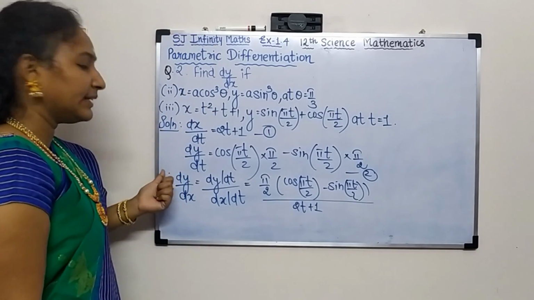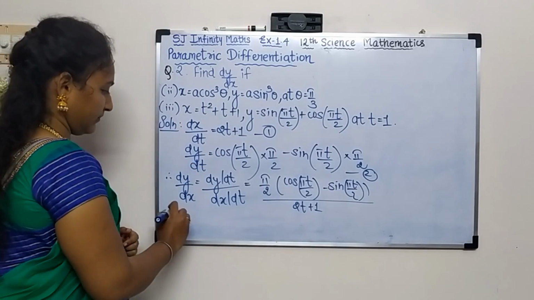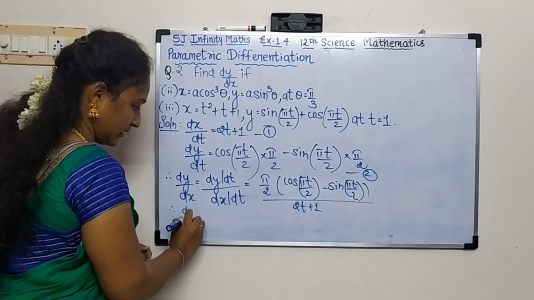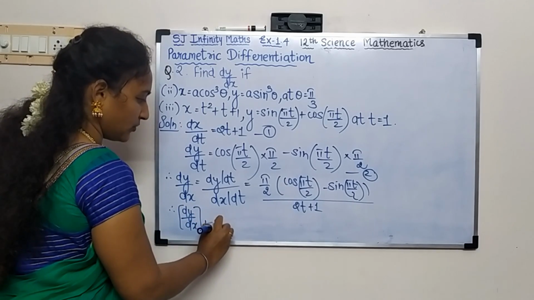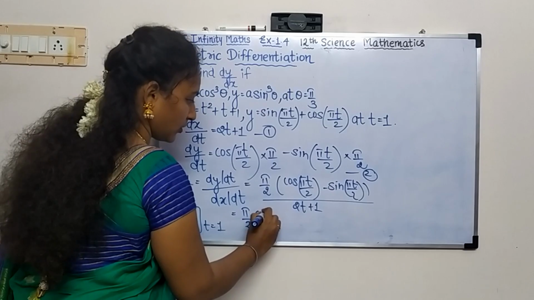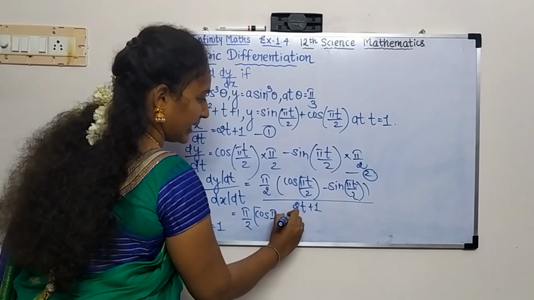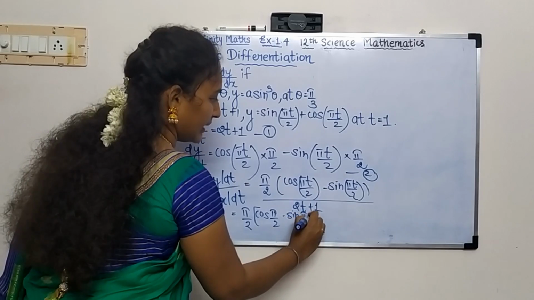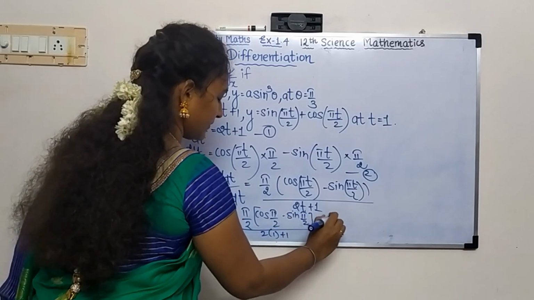Now let us calculate the value of dy by dx at t equal to 1. Therefore, dy by dx at t equal to 1 is equal to pi by 2 into cos pi by 2 minus sin pi by 2 upon 2 into 1 plus 1.